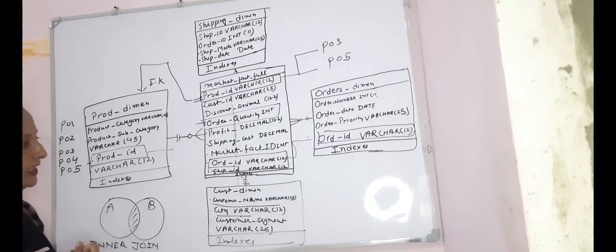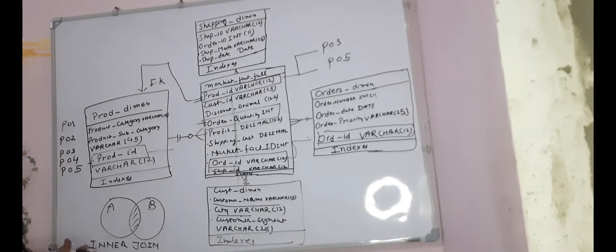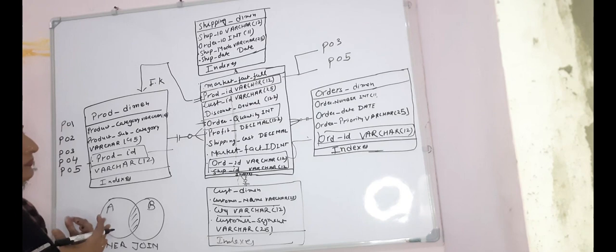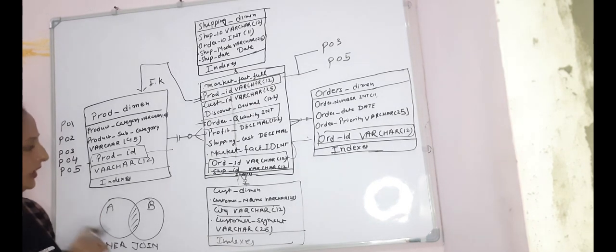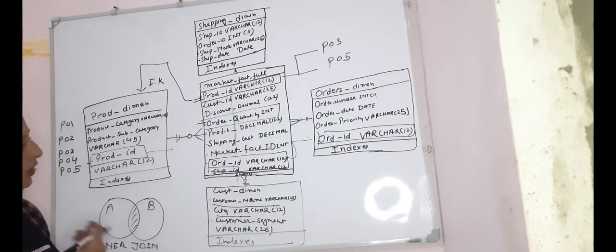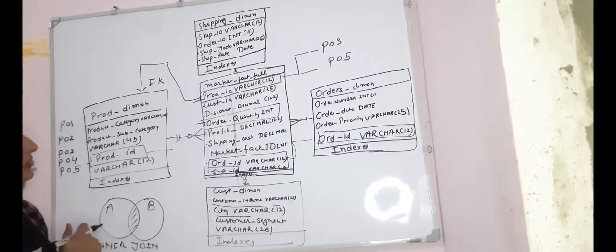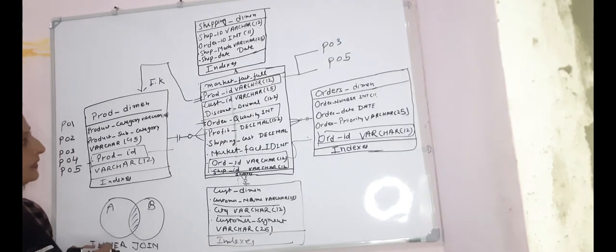So in our database we have multiple tables interconnected. Depending upon the information we require, we have to write our query. If we write the right query and the tables have a connection, we can extract the information from there.